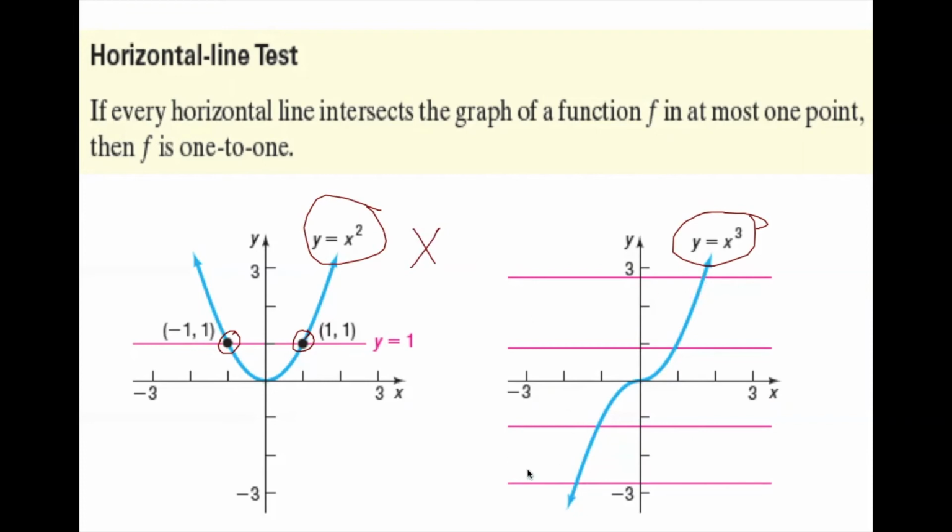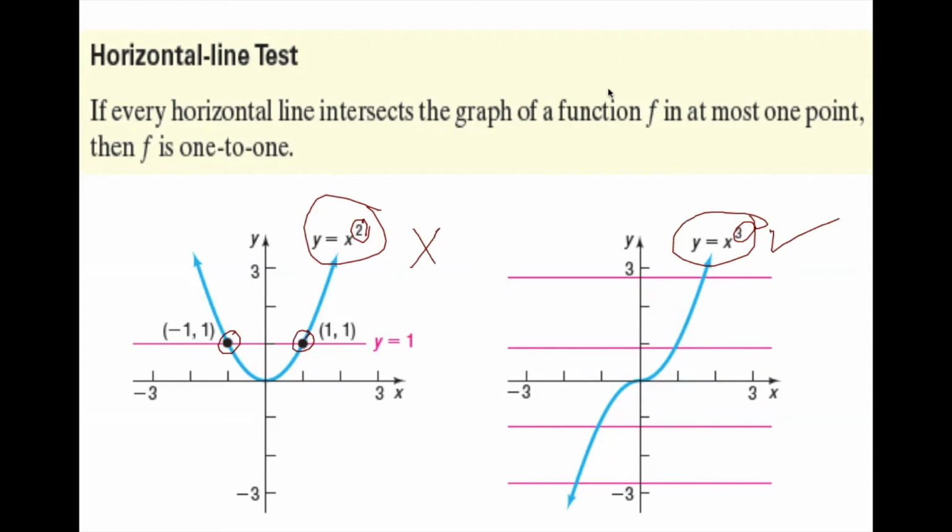Take a look at the horizontal line, the pink line. Yes, this is a one-to-one function. Observe also the degree of the given function. If you have an even degree, it's not a one-to-one function, but if it's an odd degree function, it's one-to-one.